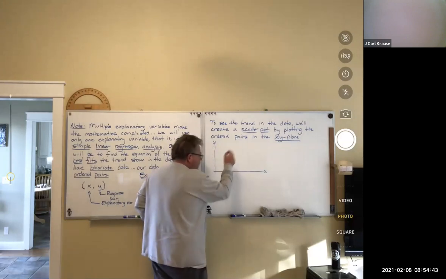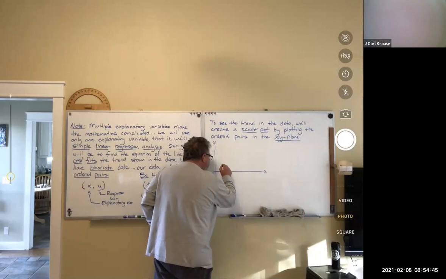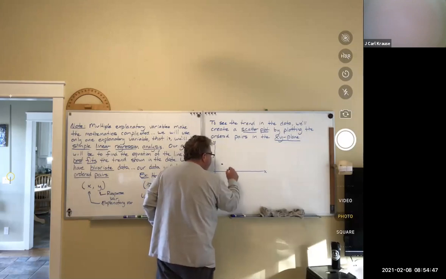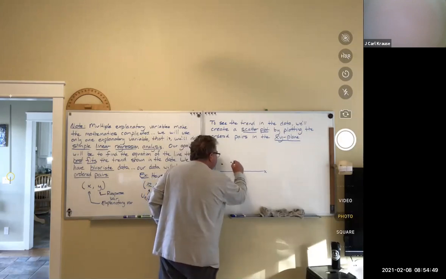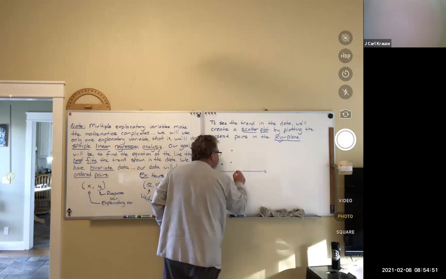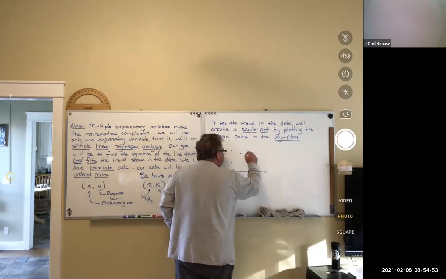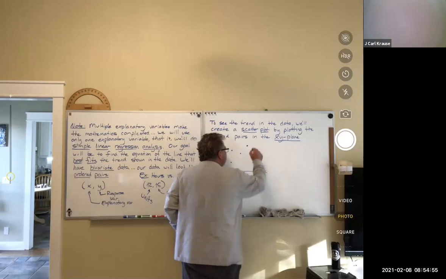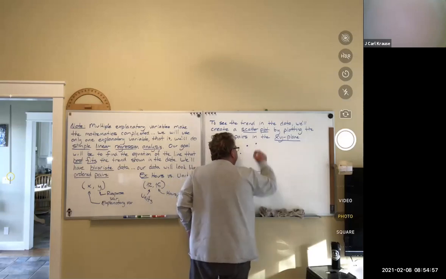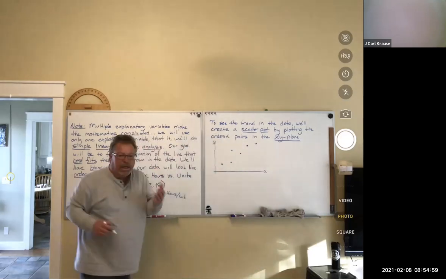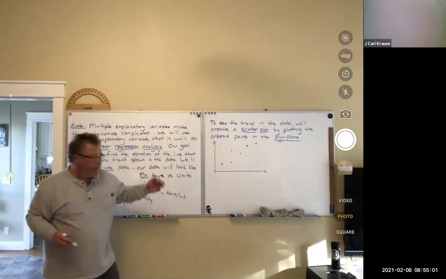So I'm just going to make up some points here. So we got, let's say, a point there, and we got a point there, and we got a point up here, and we've got a point there, and we've got a point there. I suppose we got a point right there. So what we see here is a general upward trend.